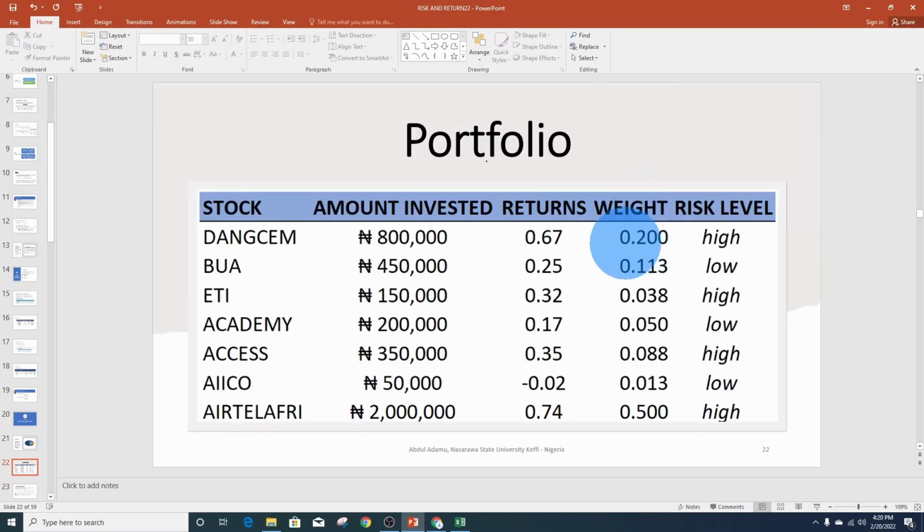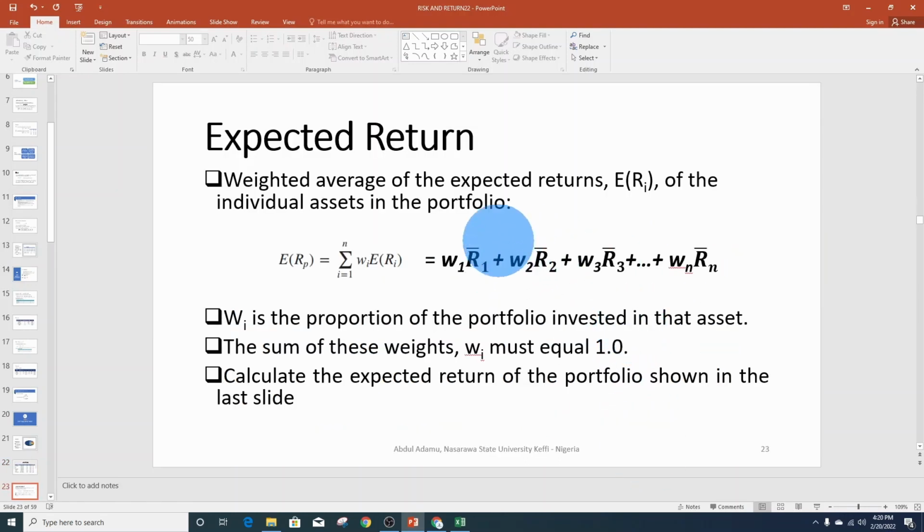If we go back, you can see Dangote Cement has a weight of 0.2, the return is 0.67. BUA, the return is 0.25, the weight is 0.113. So we multiply each of them and add them together, and then we have the return of the portfolio.